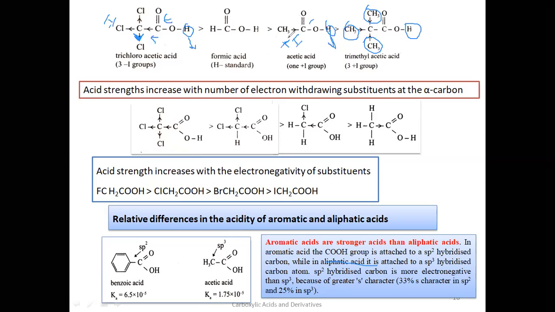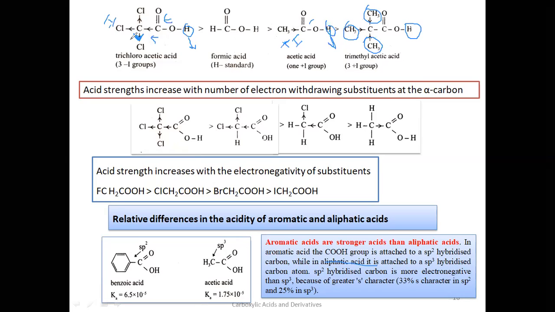Here also, it will not lose this proton very easily because the methyl group will destabilize the carboxylate ion. Whereas there is no such electron releasing group here. Therefore, it can lose this proton easily when compared to these two, acetic acid and trimethyl acetic acid.